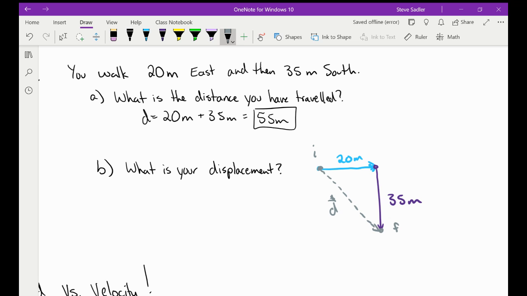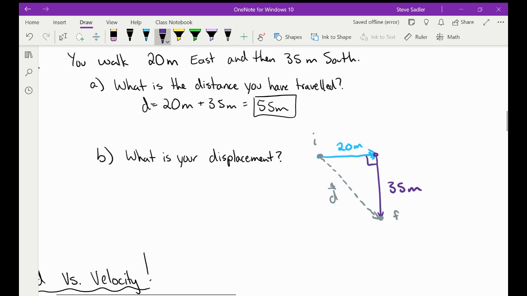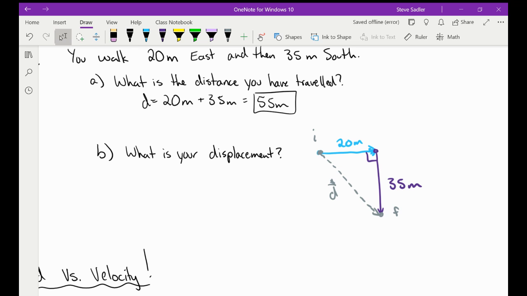We need to calculate this a little bit, so we're going to have to use trig. Thankfully, we've got a right angle here, so we can do Pythagorean theorem, right? a squared plus b squared is equal to c squared. So 20 squared plus 35 squared is equal to c squared.